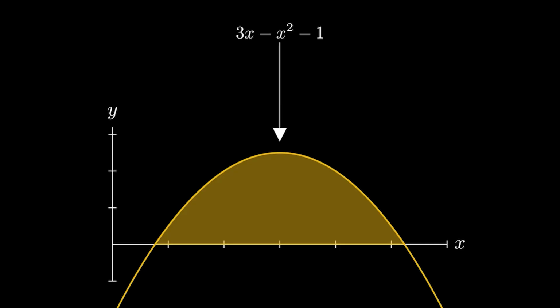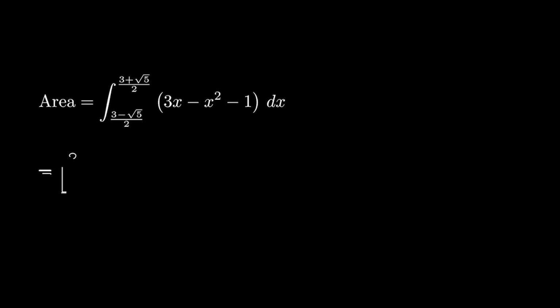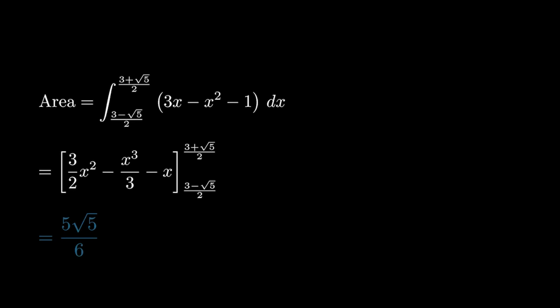As a result, when we integrate the equation here to find the area, we therefore get 3 over 2 x squared minus x cubed over 3 minus x, which is bounded between our 2 intersection points. As a result, our final area is going to be 5 root 5 over 6 units squared.